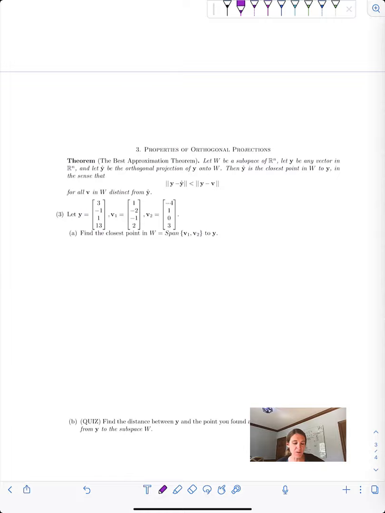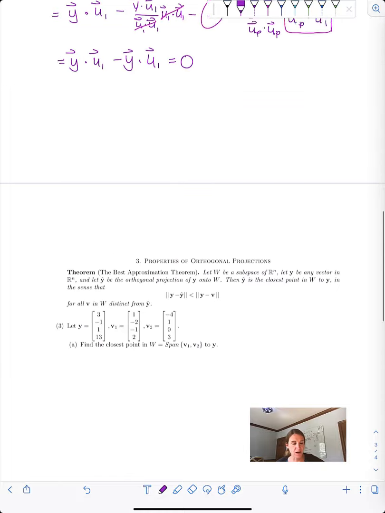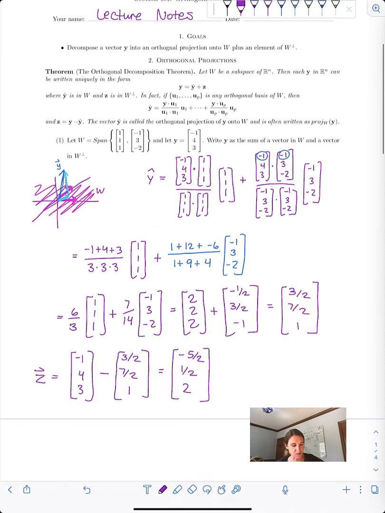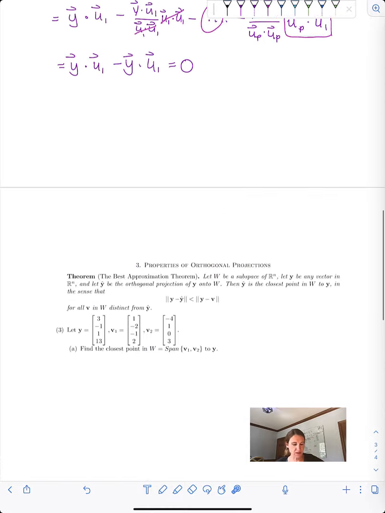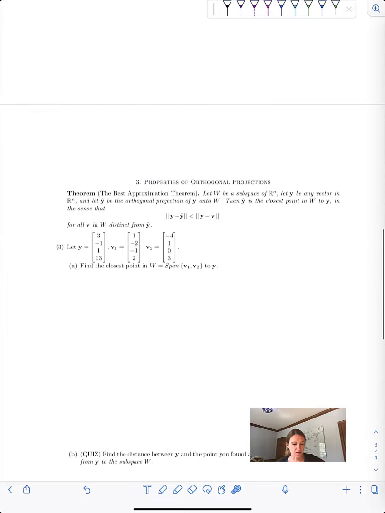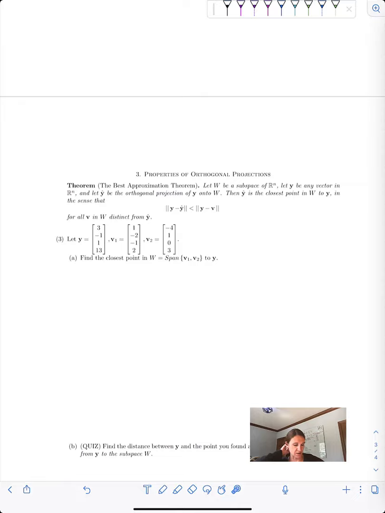But what we want is kind of the closest vector of Y to our subspace W. So what's happening here is that Y hat is actually closer to this vector Y than any other vector in W. And so ultimately, if you're asked for the closest approximation, or the best approximation, the closest point in a space to a vector, you just take the orthogonal projection of your vector onto that space.